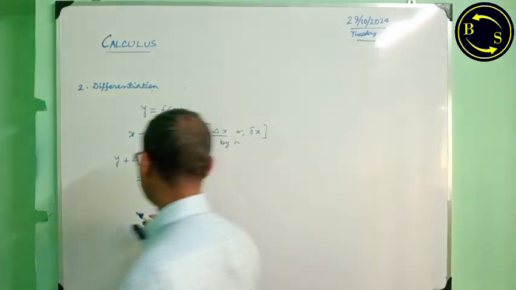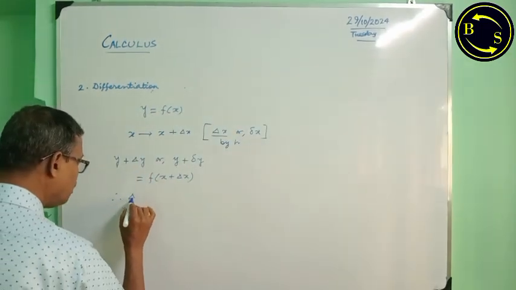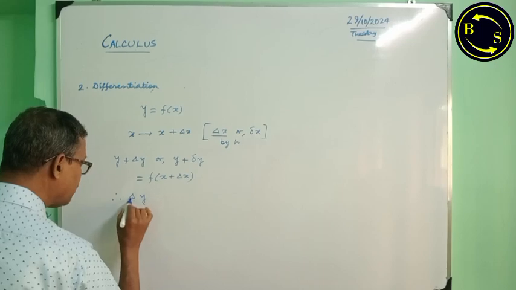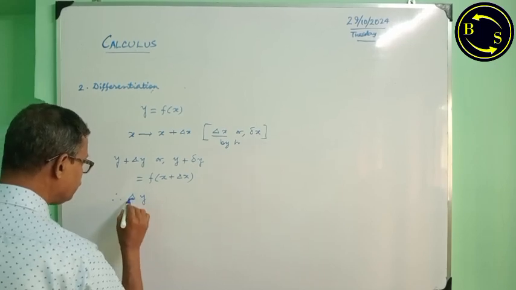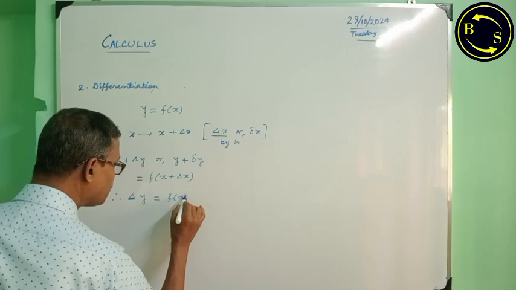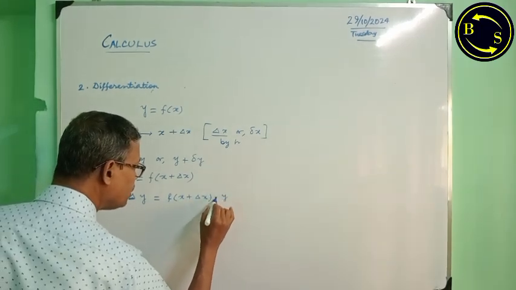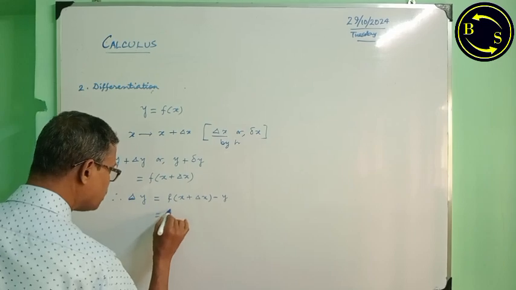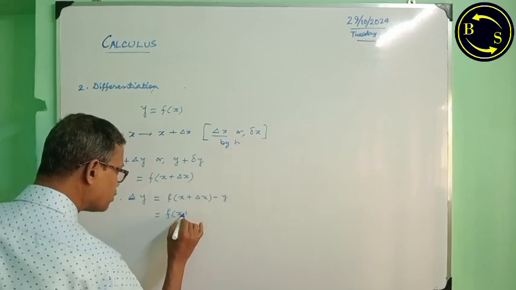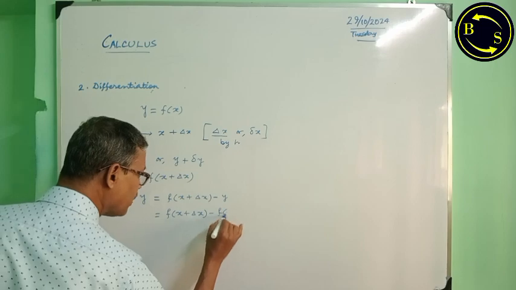Therefore, change in y is delta y, that is equal to f of x plus delta x minus y, that is f of x plus delta x minus f(x).